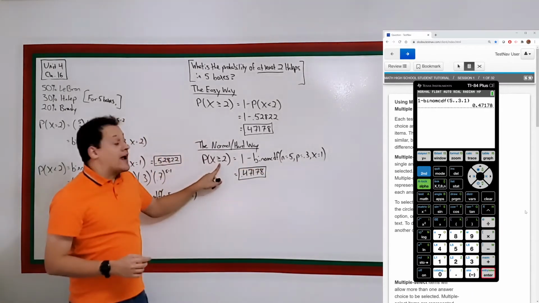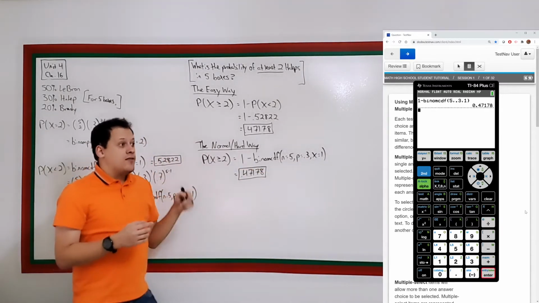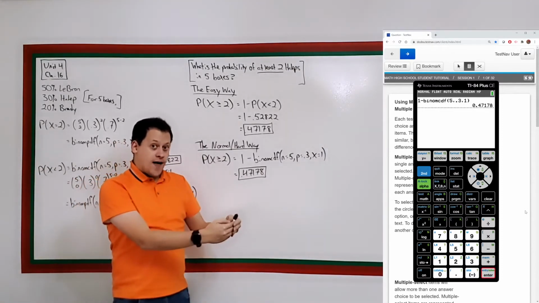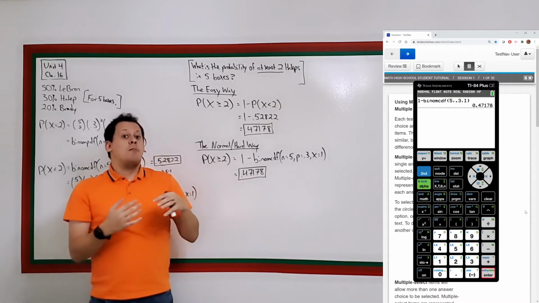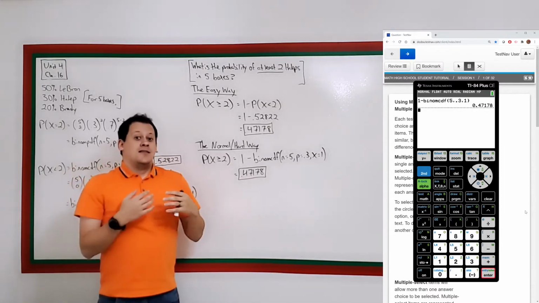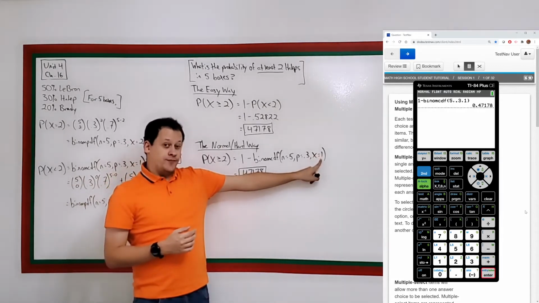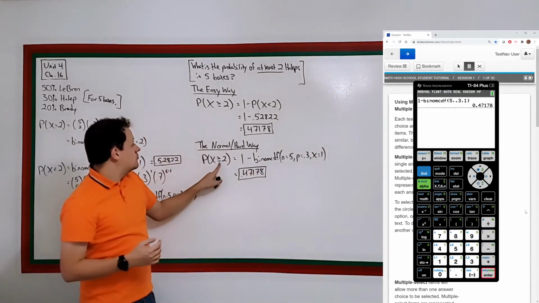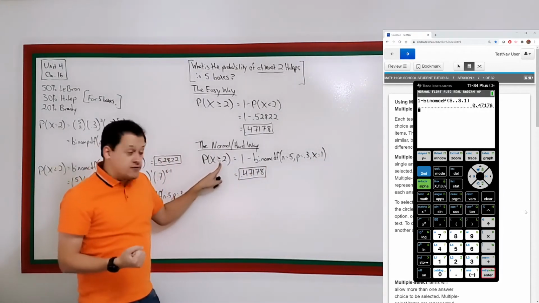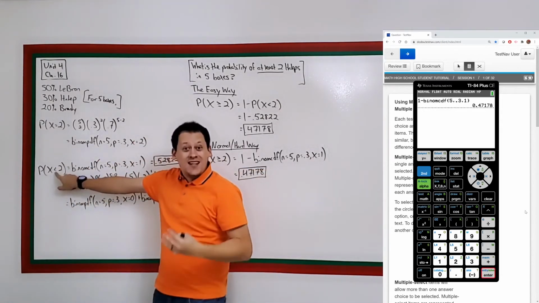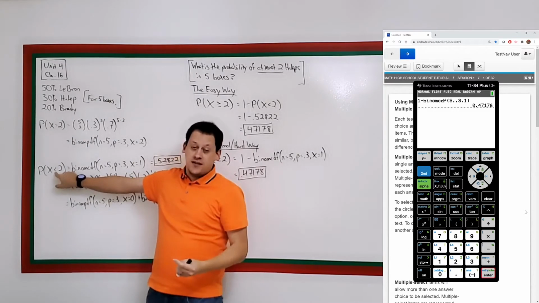If this were greater than 2, then that means we want the probability of x equal 3, 4, or 5. So we need to take 1 minus the complement, which would be everything up to 2. Right? So whether this is greater than or equal to makes a difference here, the same way that this being less than or equal to makes a difference.